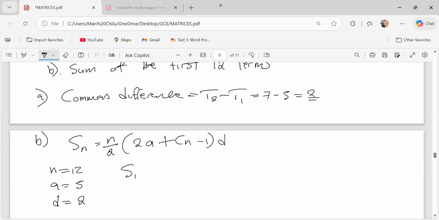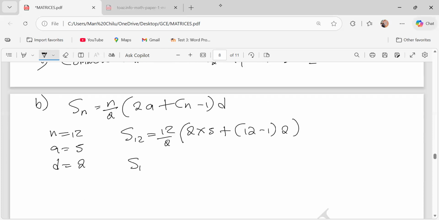So S12 will be equal to 12 divided by 2, multiplied by 2 times the first term, which is 5, plus 12 minus 1 multiplied by d, which is 2.